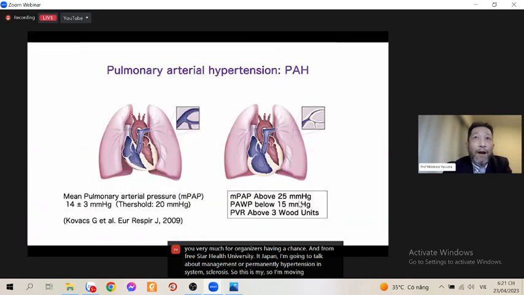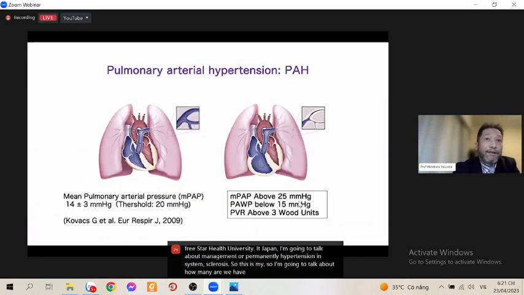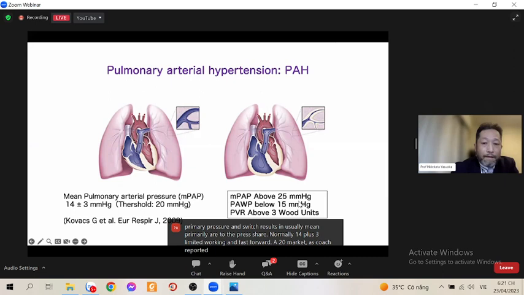I'm going to talk about pulmonary arterial hypertension, PAH. Pulmonary arterial hypertension is caused by narrowing of the pulmonary artery or arterioles and upregulation of the pulmonary artery pressure, which results in right heart failure. Normally, mean pulmonary artery pressure is 14 plus or minus 3 millimeters of mercury, and the threshold is 20 millimeters of mercury, as Kovacs reported.